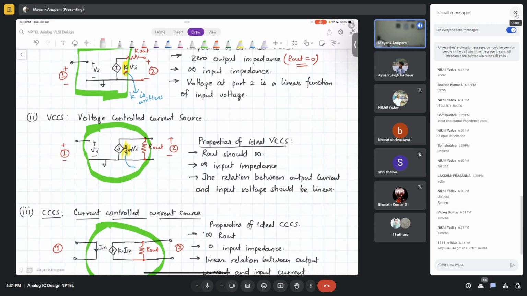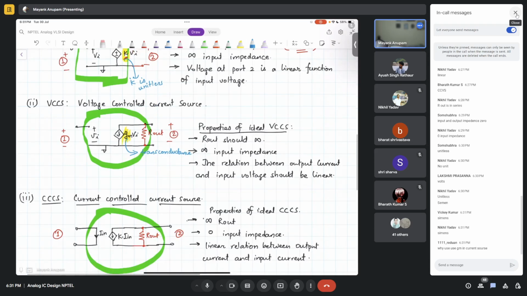GM is also called transconductance, and the unit is S, which stands for Siemens, okay?